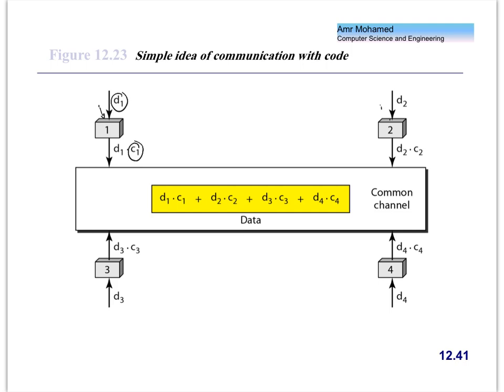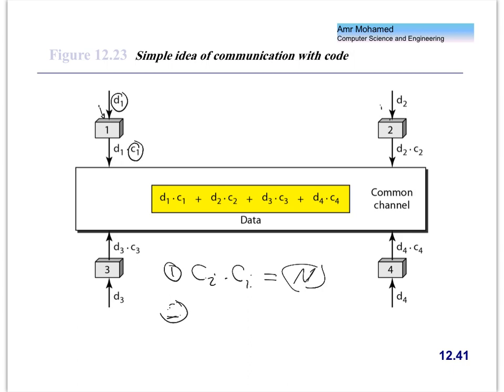These codes have 2 very important conditions. One, any code multiplied by itself will always lead to N, such that N is the number of stations. It's a high number, and this indicates that the code has very high correlation with itself.